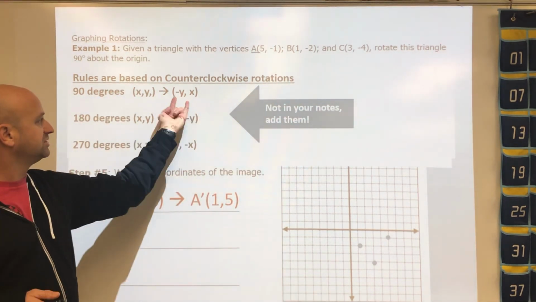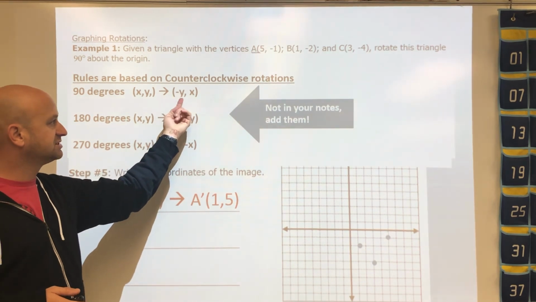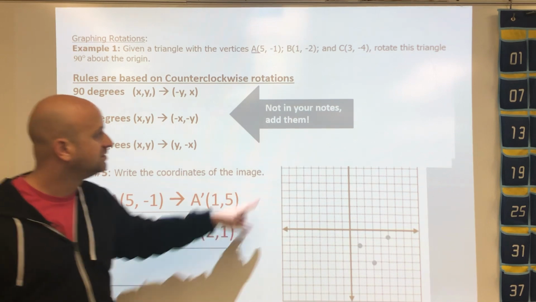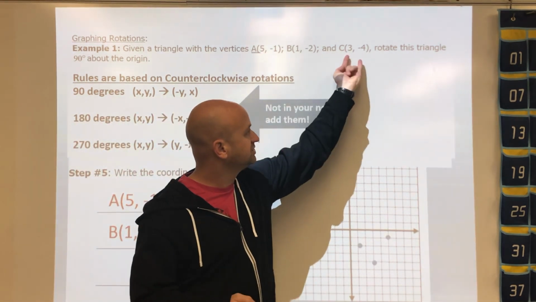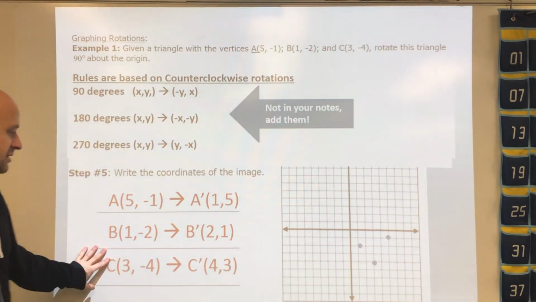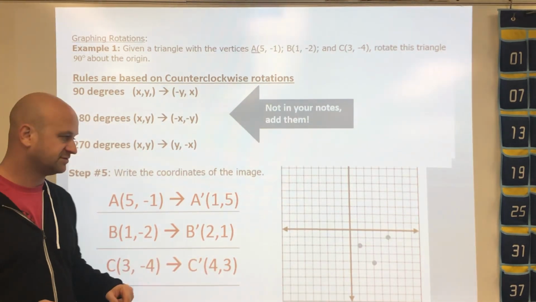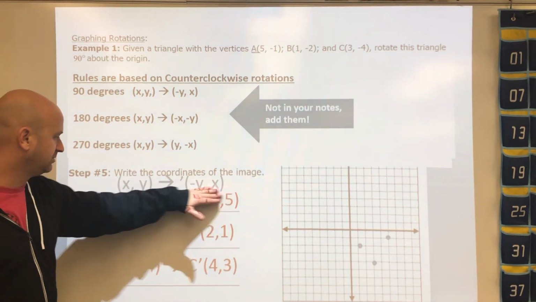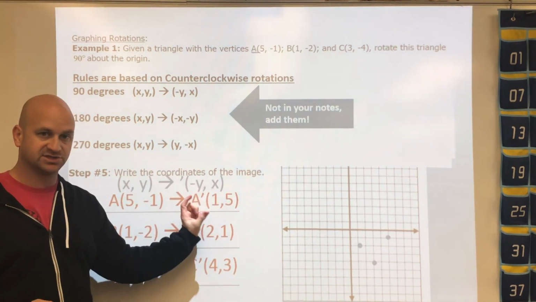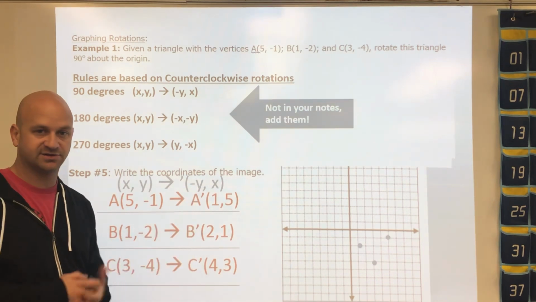We switch locations and then change the sign, so this should be +2, +1. For C, we switch locations, and the -4 becomes a +4, and then +3. That would be the 90-degree rule. Again, we switch locations and change the sign of the y value.